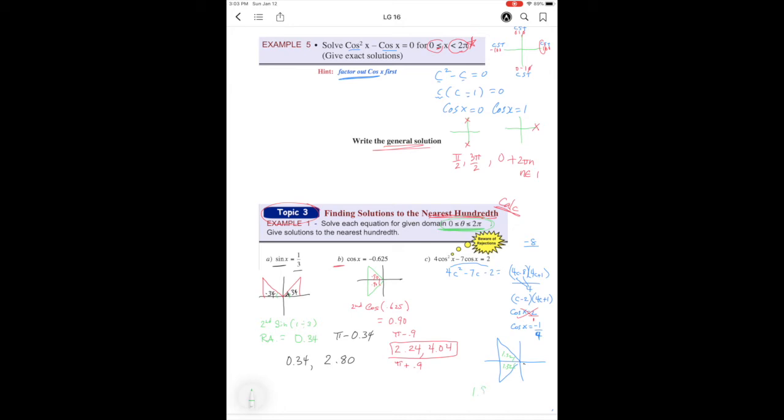So we get 1.82, and then we go pi plus, because we're in quadrant 3, 1.32, and we get 4.46. So there's the answer for C.